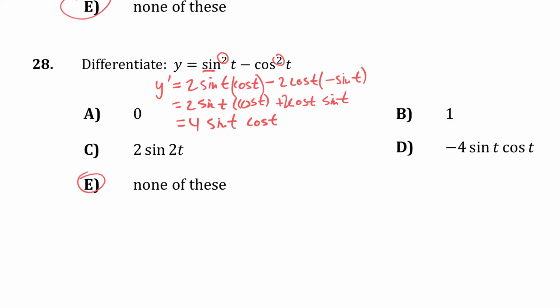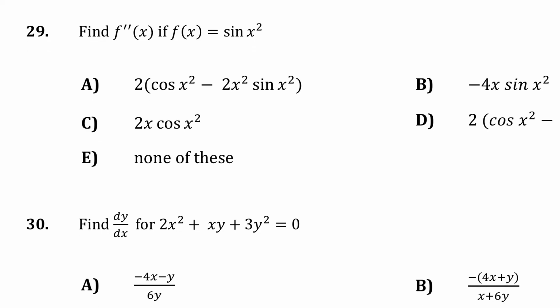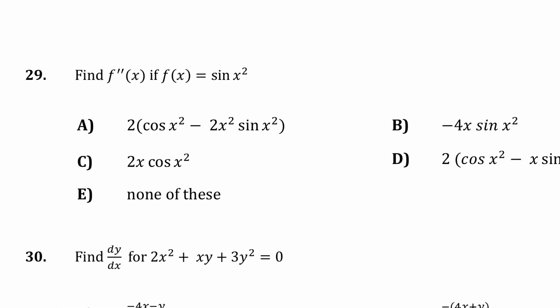Okay. Next one, 29, f double prime of x. Find f double prime of x if f of x is equal to this. So we have to take the derivative of this twice. Okay. So that means it's going to be what? Let me go up here a little bit.